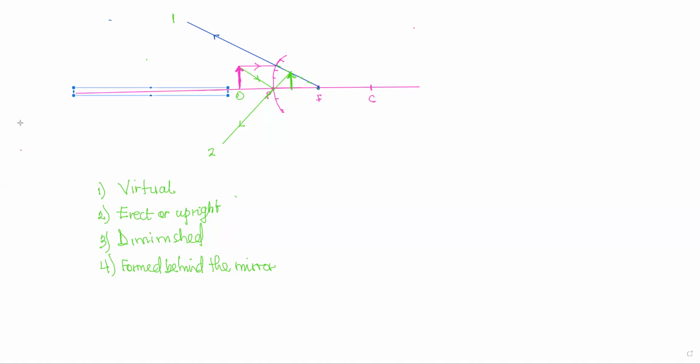So I'm going to this time place the object very far and use the ray diagrams. So this time the object is very far from the mirror. Let's still use the ray diagram to see how the image will look.